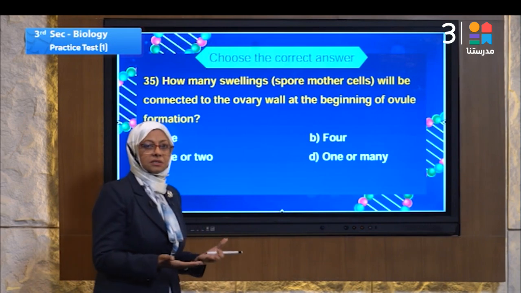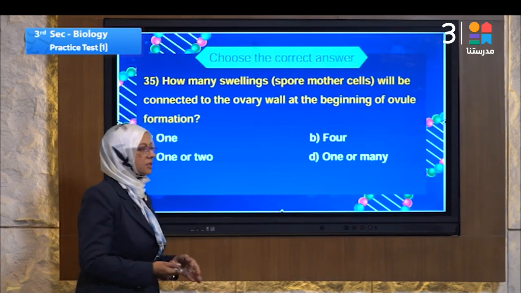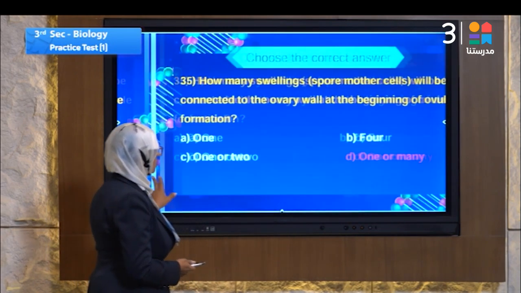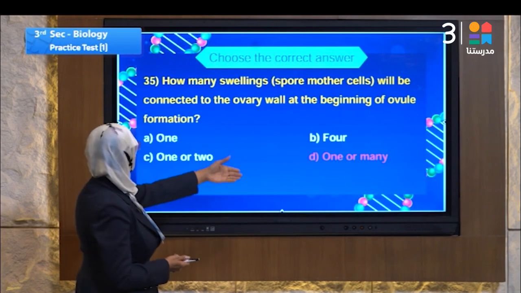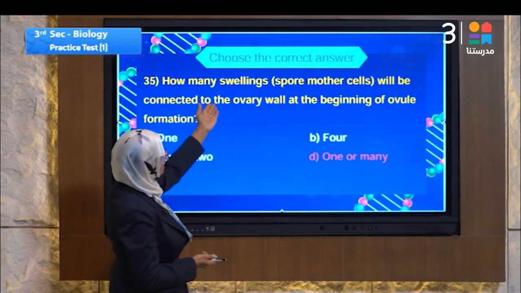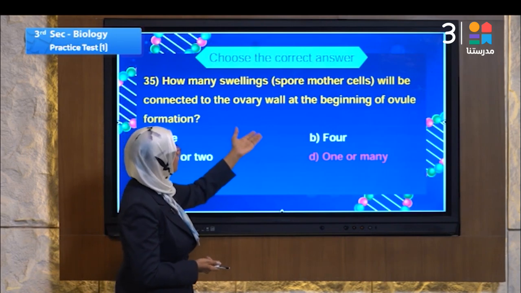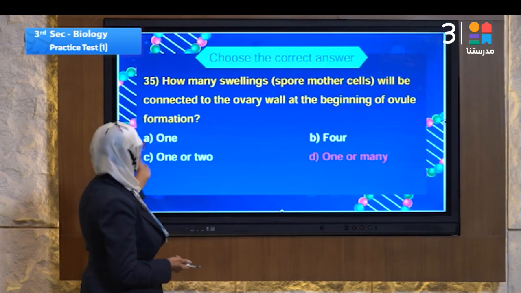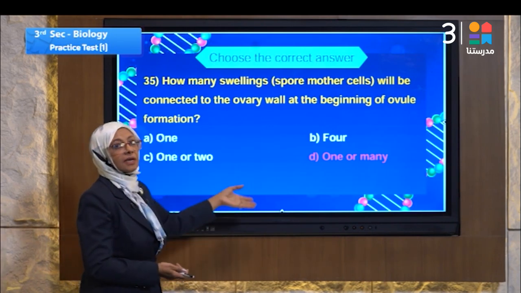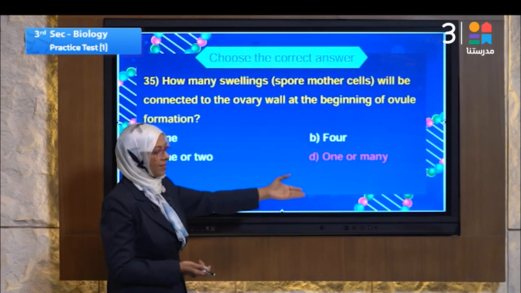There are many seeds inside it. So the answer must be D, 1 or more. 1 or more swellings of spore mother cells will be connected to the ovary wall at the beginning of ovule formation. Yes, there may be 1 or many.